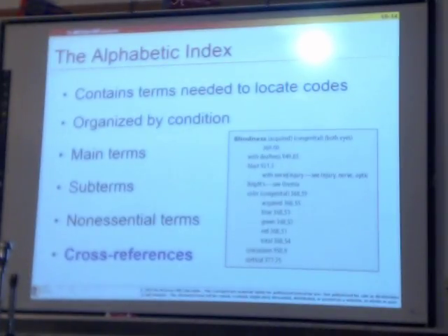So this is an example of the ICD-9 book that you're seeing here. For blindness, acquired or congenital in both eyes, it used to be 369.00. If it's accompanied with deafness, you have to add that additional code of V49.85. So that was what ICD-9 was like.